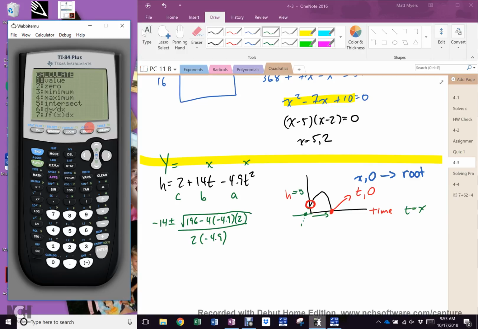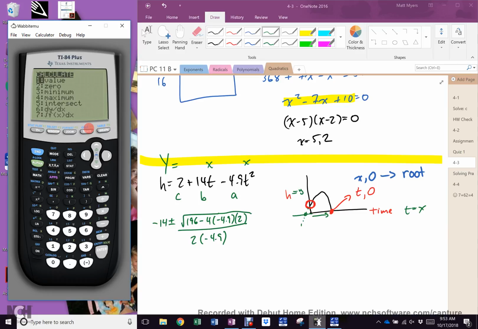Now, don't do anything right now. If I push 1 for value, which was what Jazz thought, x equals, oh, wait a minute, I can't do that, can I? Because it's the x that I don't know. So I can't use value. Nobody pushed value, right? Because I told you not to push a thing. So I'm going back to calc. So it can't be value, right? Does 0 make sense?